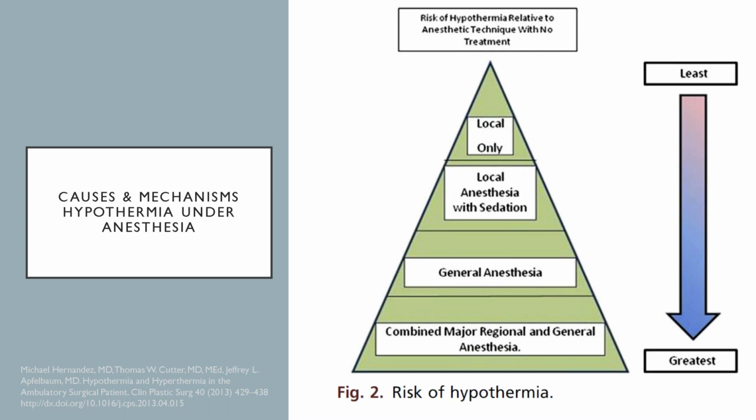That's not really true. But if you want to think about what's going to be the worst of all in terms of your risk of hypothermia, it's going to be the combined regional and general anesthetic type of case, which is a common modality that tends to be used in an ambulatory setting.